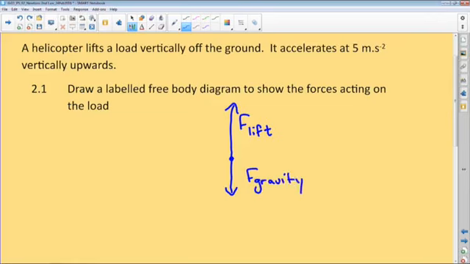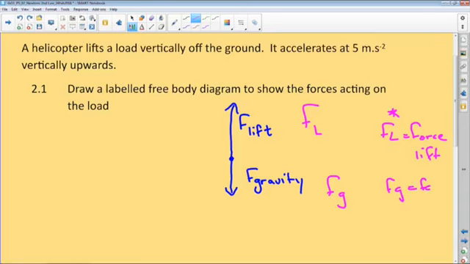Okay, so let me just point out to you. If you are going to use short terminology, so FL or FG, please have a key on the side where you can say FL equals force lift and FG equals force due to gravity.